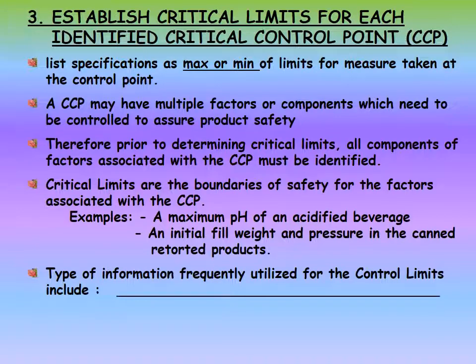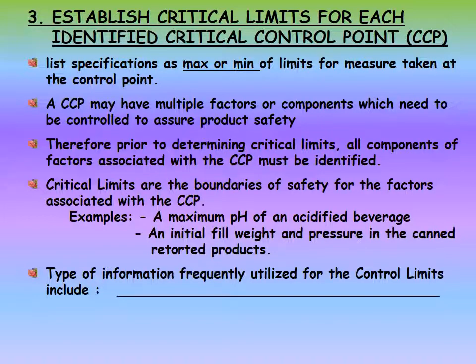We need to understand from here that critical limits are the boundaries of safety for the factors related with the critical control point. For example, a maximum pH of an acidified beverage. You can see also from here an initial fill weight and pressure in the canned retort product.